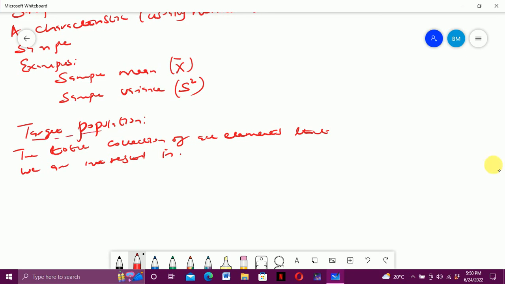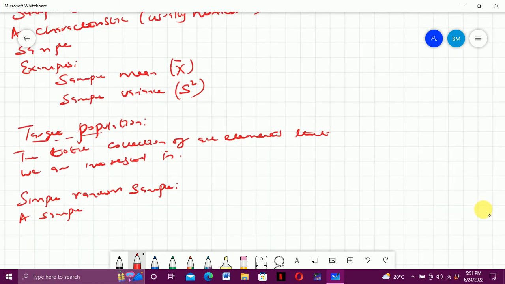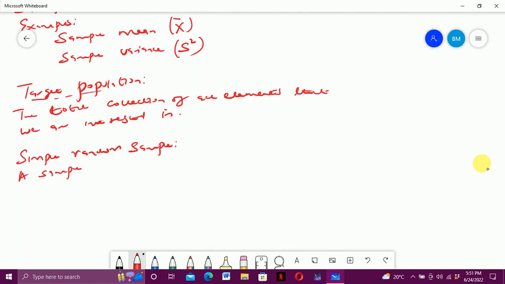Now, we are also going to mention something called a simple random sample. Remember we're saying that a sample is a part of a population.